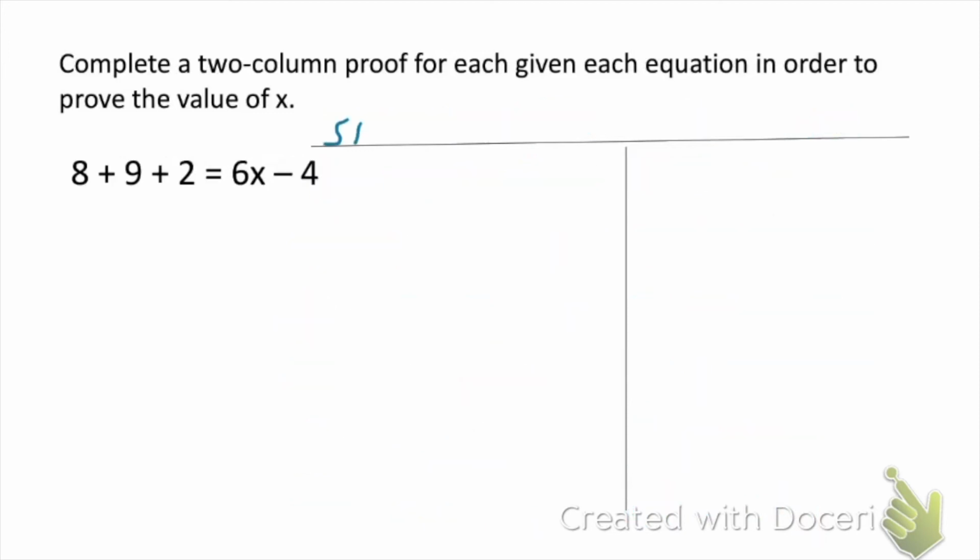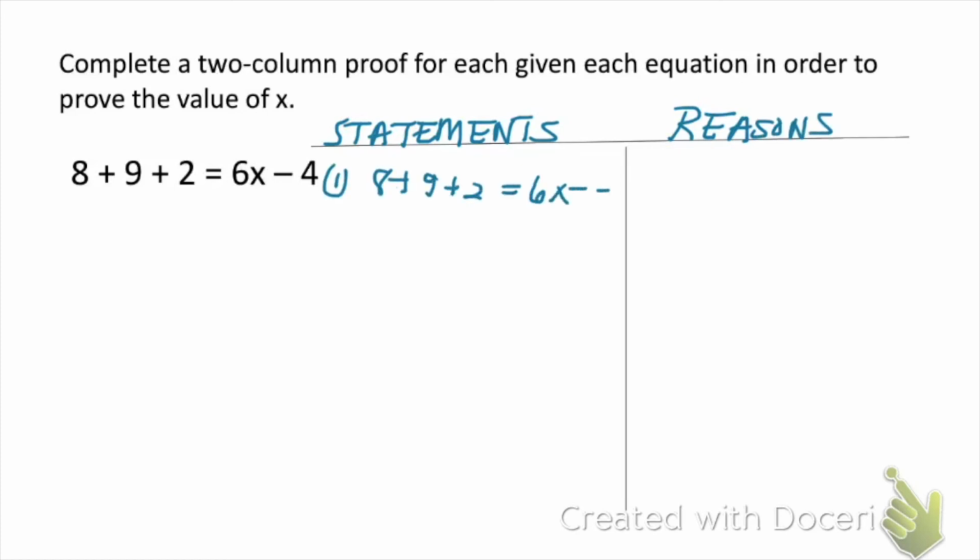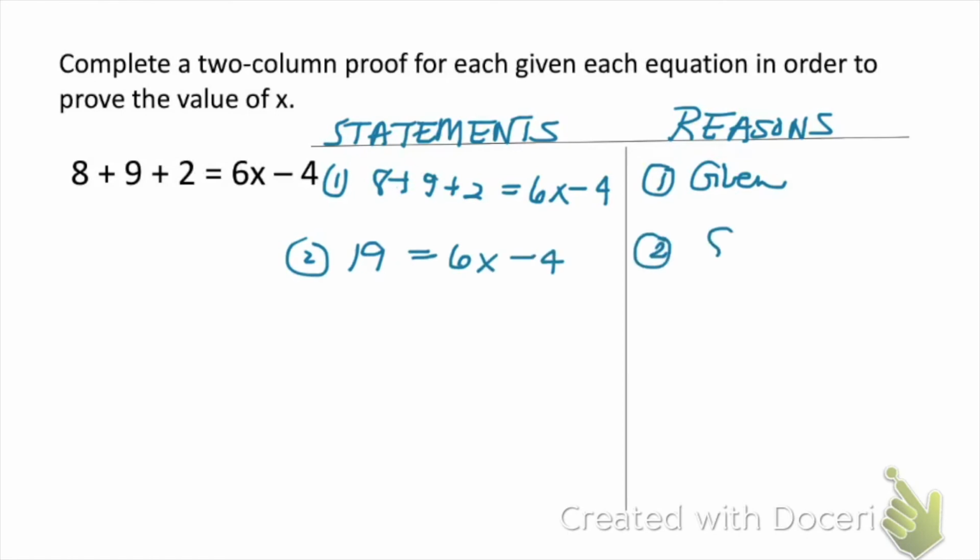In our next proof here, we're going to start out the exact same way with our statements and reasons, writing our equation as our first statement and our first reason as given. In this case, we have 8 plus 9 plus 2 equals 6x minus 4. If we look at that left-hand side, we can combine those all together. So if we take 8 plus 9 plus 2, we get 19.